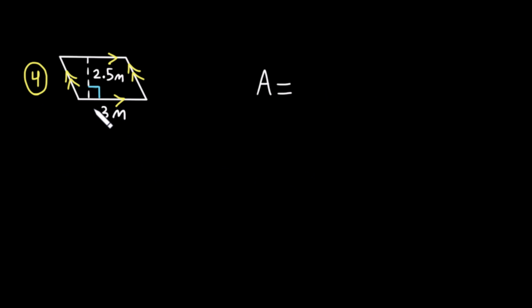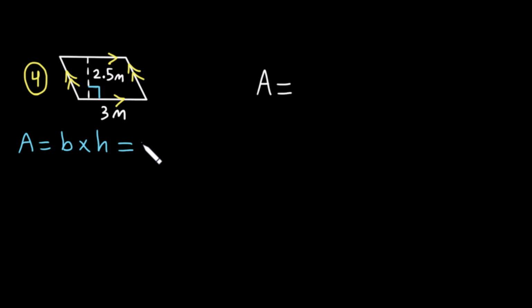The fourth example: we have the base 3 meters, and of course this one is the height. It's like you are sitting here and looking up. This is the height. So the area equals base multiplied by height.